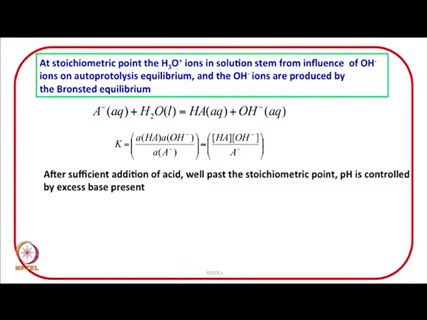Now what happens after sufficient addition of base, that is, well past the stoichiometric point? pH is controlled by the excess base present. Please look at this statement very carefully. After sufficient addition of base, well past the stoichiometric point, pH is controlled by the excess base present. How?